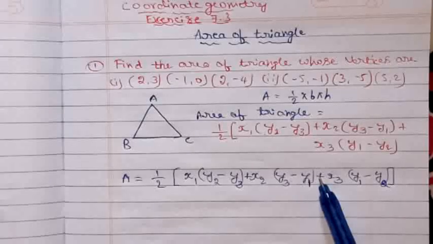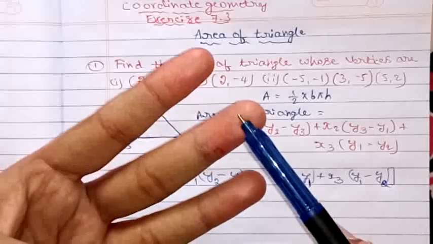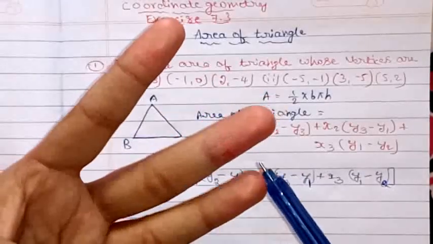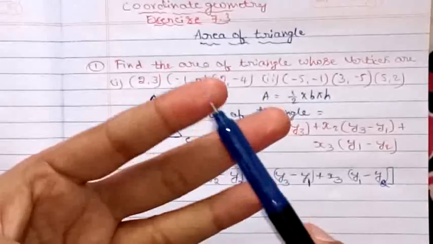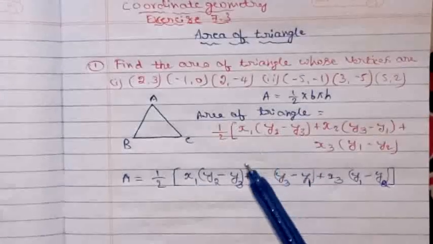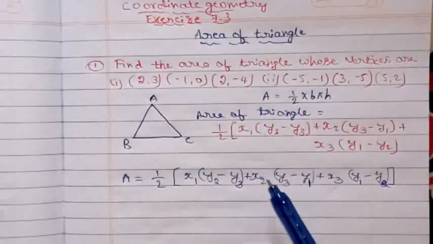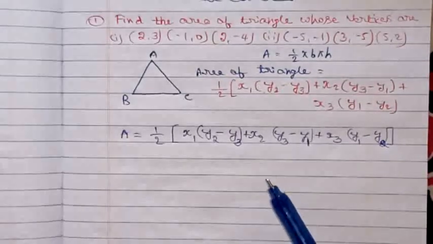Afterwards write down the numbers: first 1, 2, 3, afterwards 2, 3, 1, afterwards 3, 1, 2. So this is the formula, and this is how to remember the formula, children. You need to remember the formula.